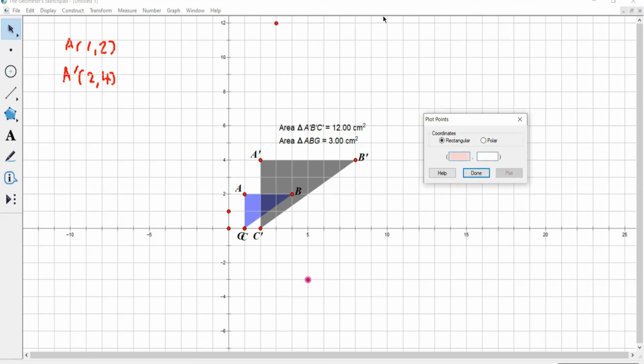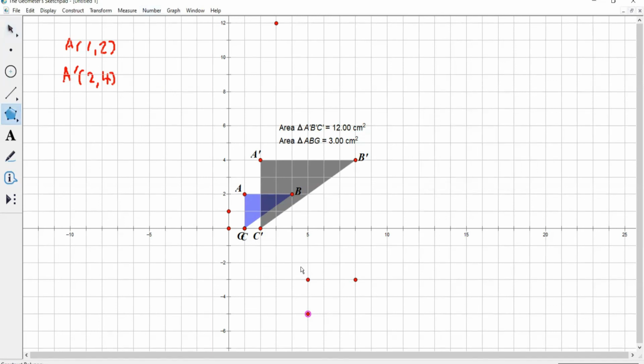Then we need to plot the point B double prime, and B double prime is (8, -3). So we're going to plot 8, minus 3, and then we need to plot the last point C double prime of (5, -5). 5, negative 5. All right, so this is what we have right here.